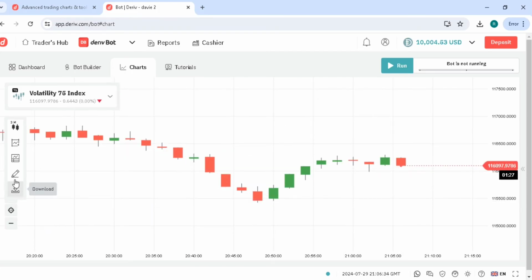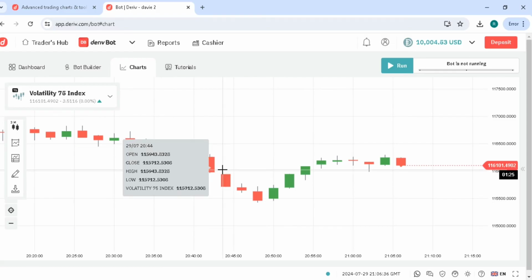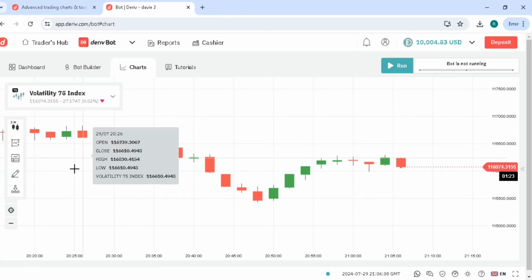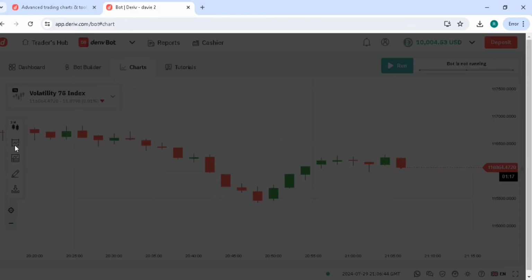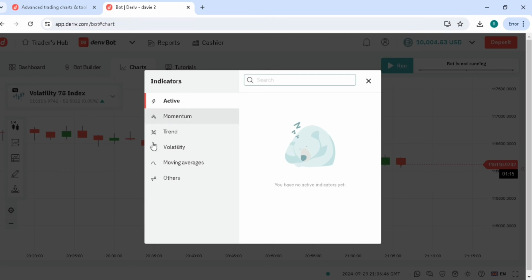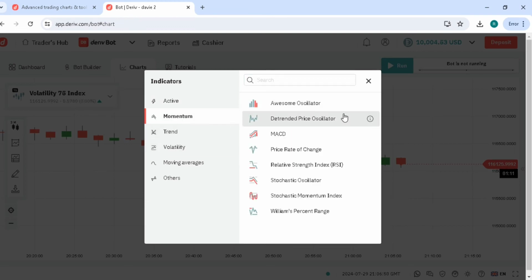You know, actually you can add indicators at this point, especially if you are using a PC. If you click on this icon, you get indicators that show the momentum of a trend. You can include maybe the MACD.